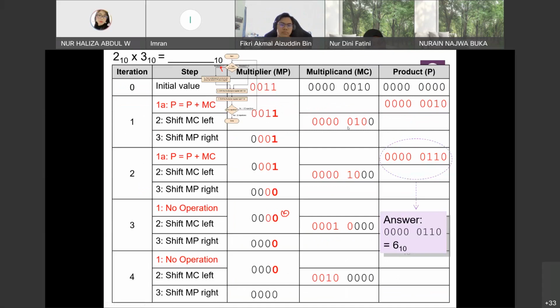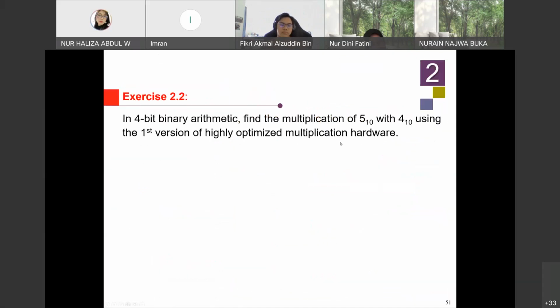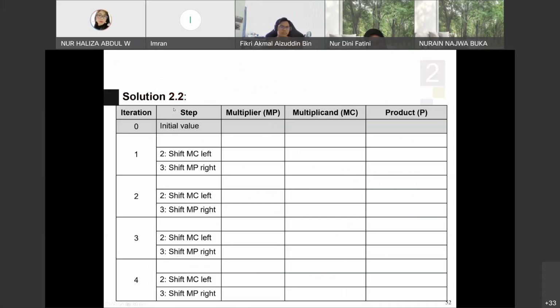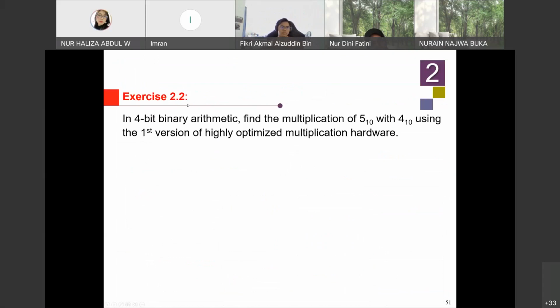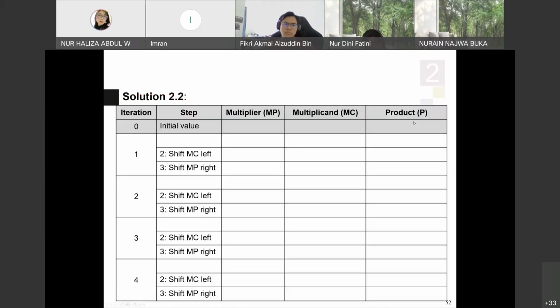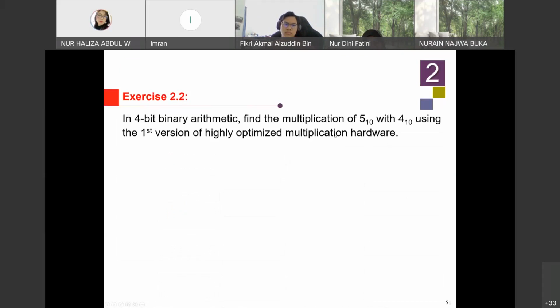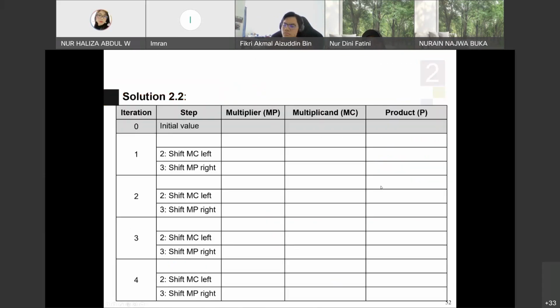After that, you're going to have examples and exercises, especially for solution 2. Please make sure you try exercise 2.2. I will give you a solution also, but before I give you the solution, do it by yourself. Fill in the table. Imagine if you were given only this empty table.